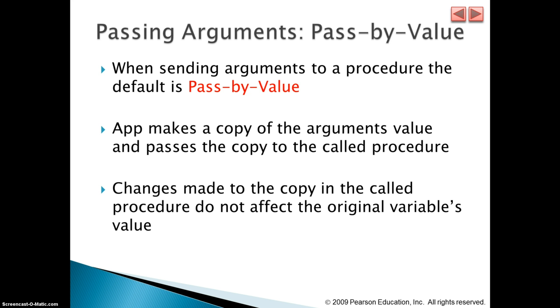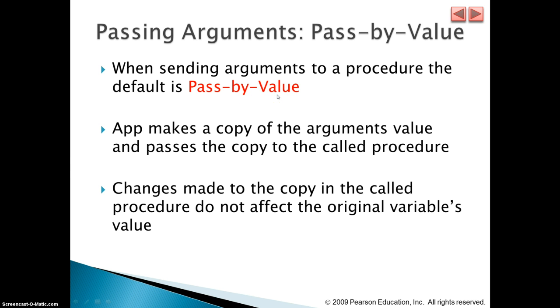Now, the other part of this is where we get into passing arguments between these routines. You can see why we couldn't talk about these things until you really started coding and understanding the use of subroutines and functions more, because this is the only time they really make sense and apply. Anyway, sending arguments to a procedure by default is pass by value.